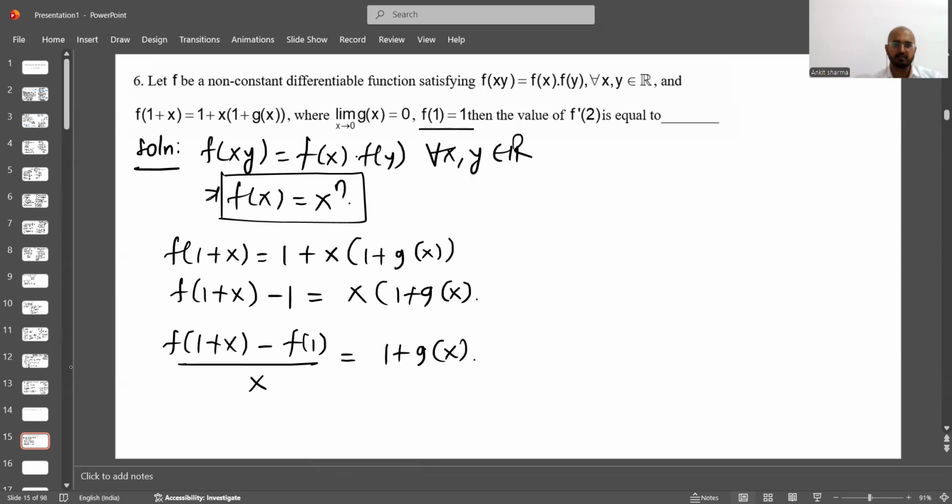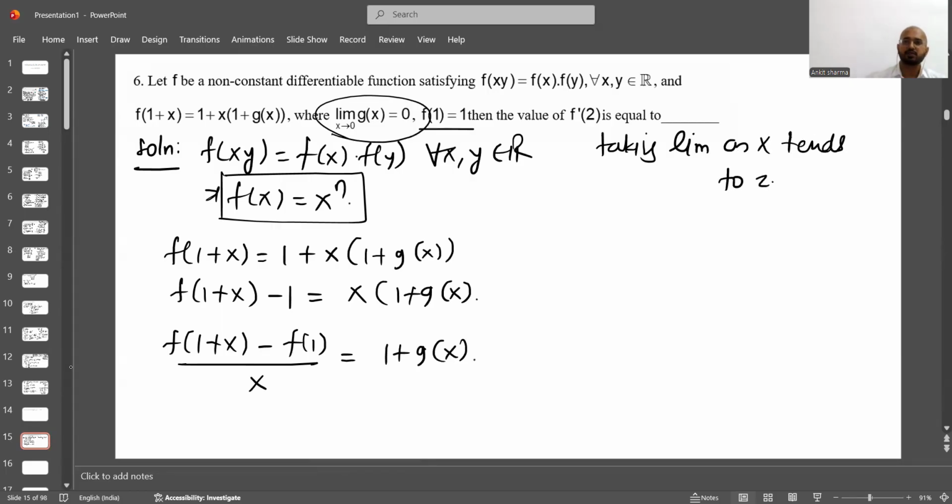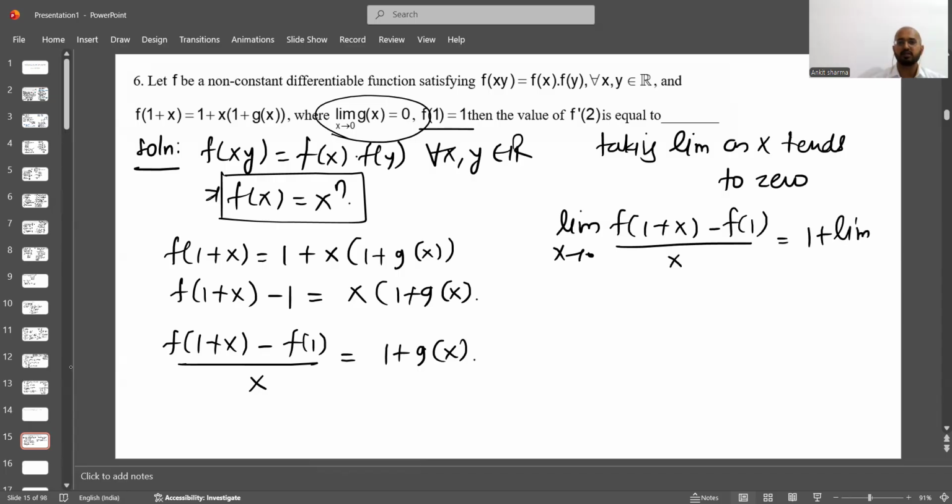And if I take the limit here as x tends to 0, because this information I can use. So taking the limit as x tends to 0, I have the limit of f of 1 plus x minus f of 1 upon x, and on the right this is a constant, so no point, then 1 plus the limit as x tends to 0 of g of x.